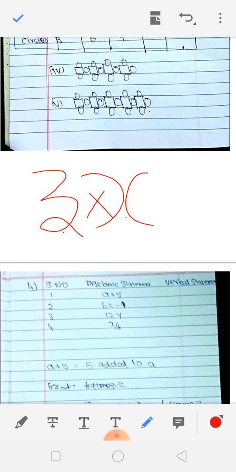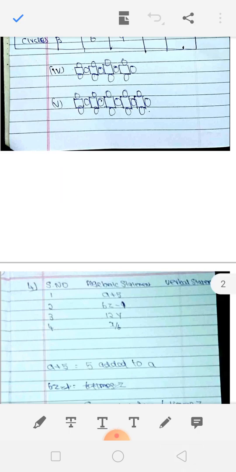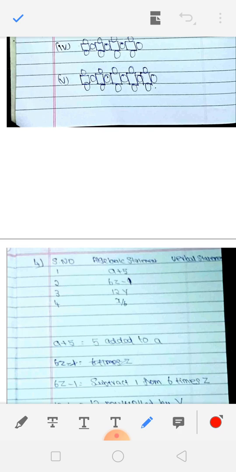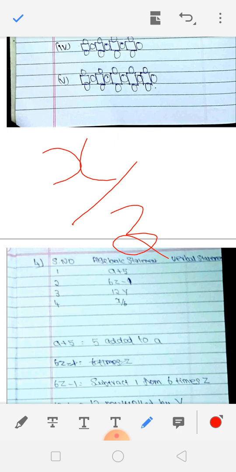So 3x means 3 times x or 3 multiplied by x. And then x by 3, this is division. So 3 is a divisor, correct? So x divided by 3.